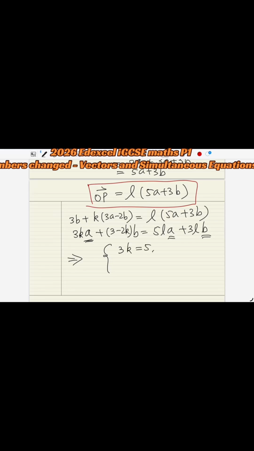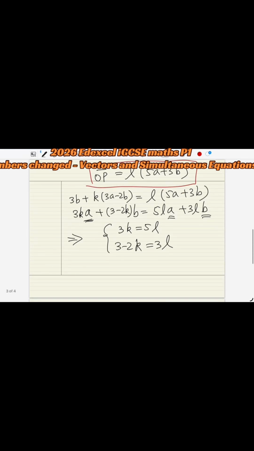3k equals 5l, and 3 minus 2k equals 3l. Now it's easy, because solving simultaneous equations should be a topic taught in year 7 or year 8 already.